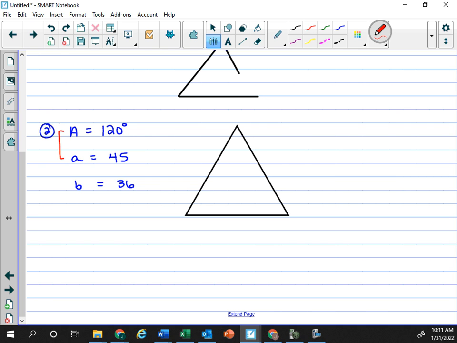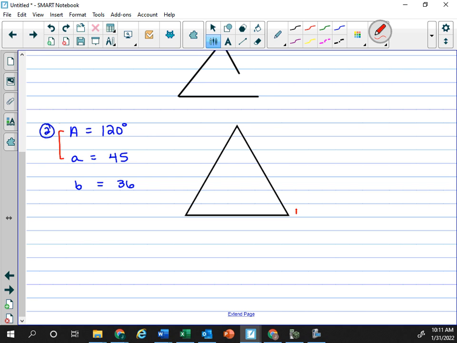Why does the B angle have to be to the right of the C angle? Like, it can't be to the left or on top of the C angle. So we want to draw it consistently so that we stick with, okay, this is the moving side.